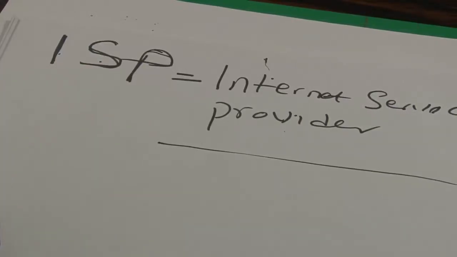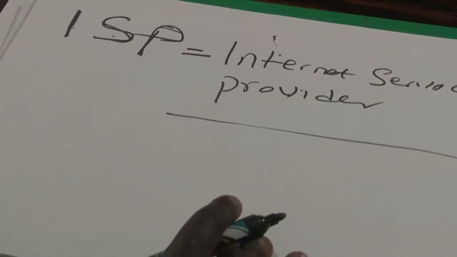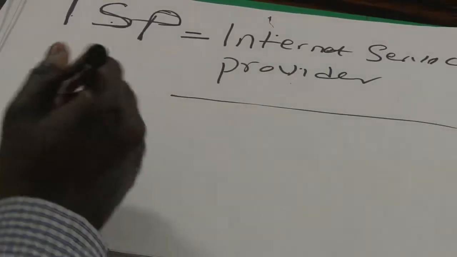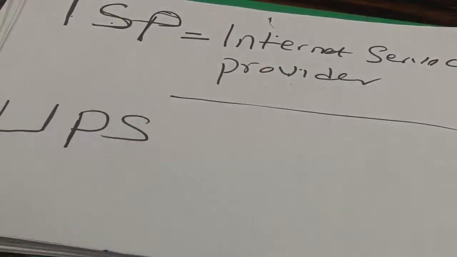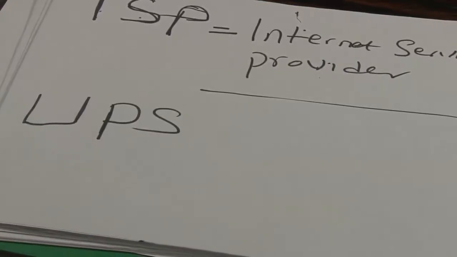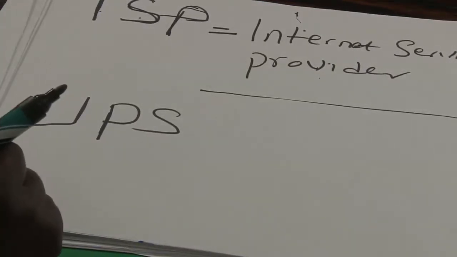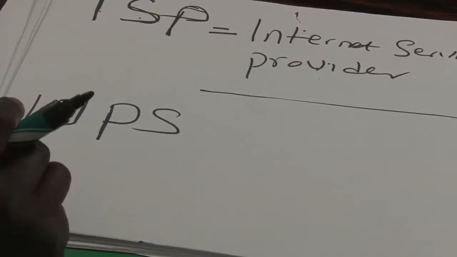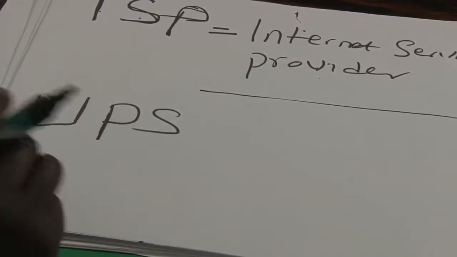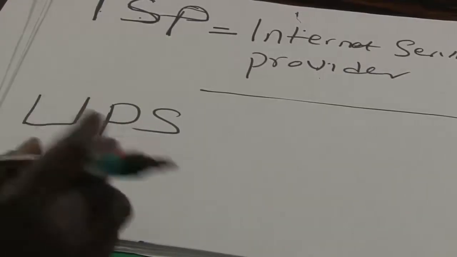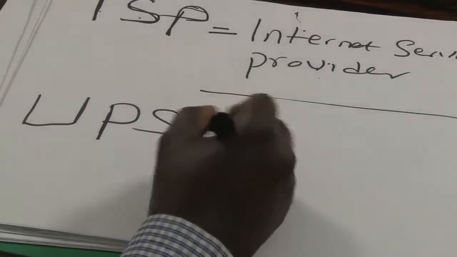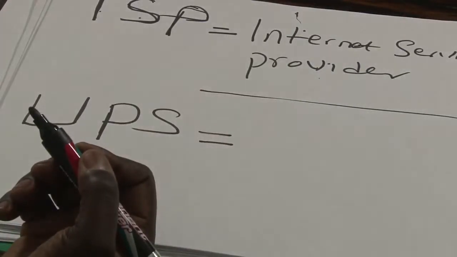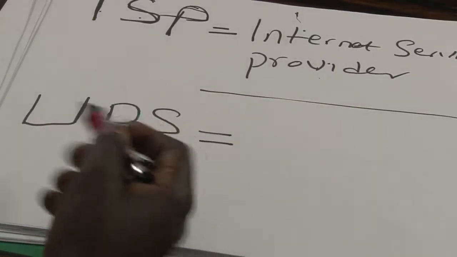So whenever you see something, if you look at another example, it is UPS. It's an acronym. It's not a word on its own. That is why every alphabet there is in caps form. If it was a word on its own, every alphabet there would not be in caps form. So first of all, you tell me the full meaning: uninterruptible power supply.